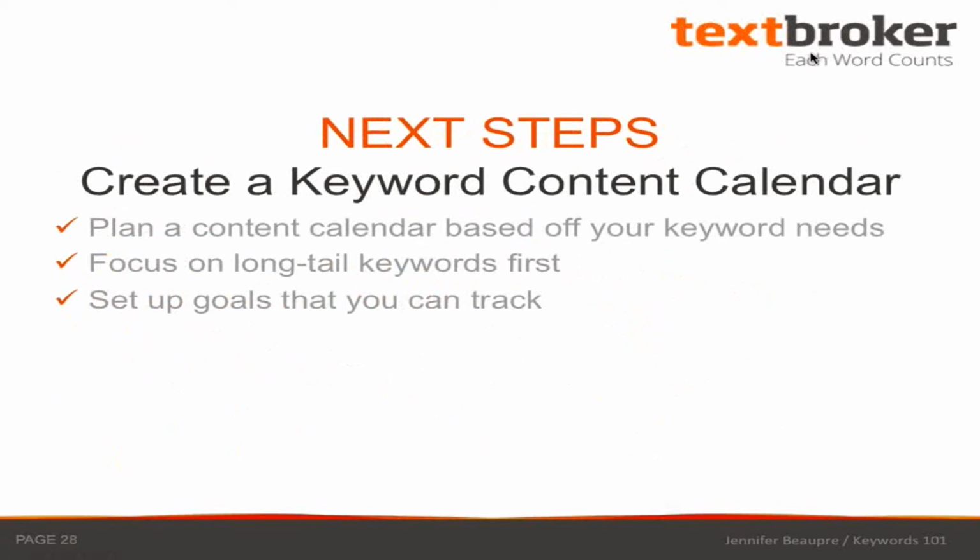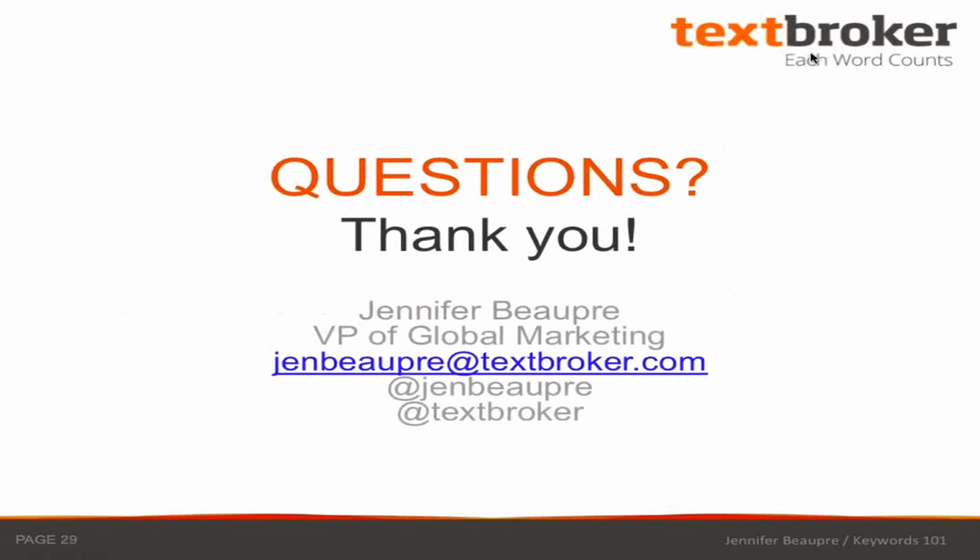Where am I going to publish this? What kind of content am I going to create? Social media content, blog posts, videos, images. How are we going to distribute this? And then how are we going to make sure that our content is used in all of those different channels? And create a calendar where you can publish content on a consistent basis that contains those keywords.